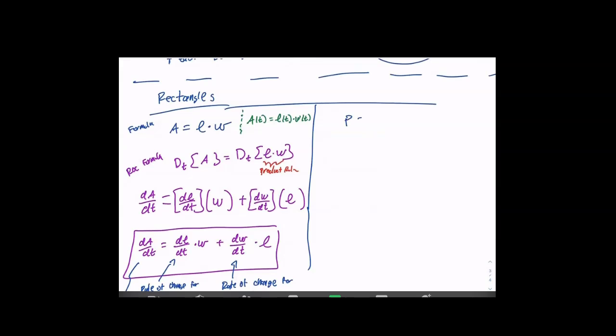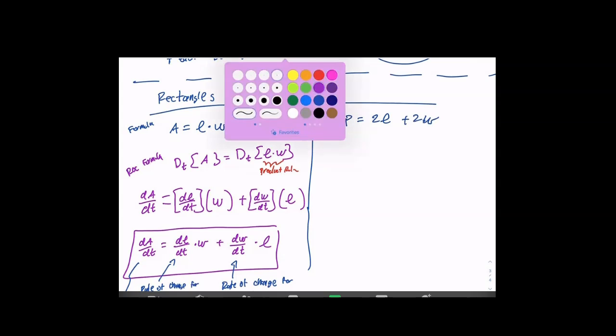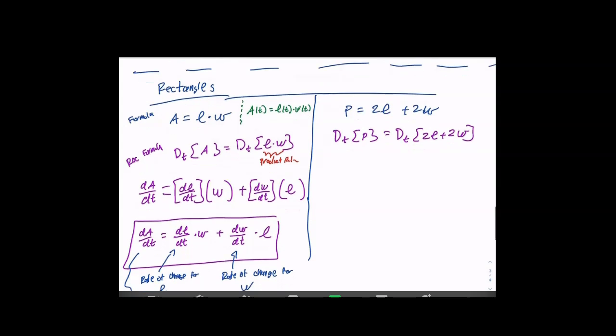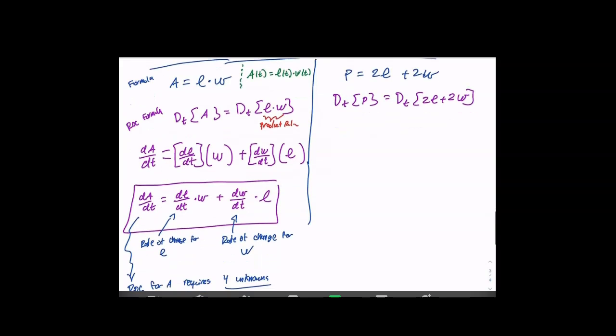When I said perimeter, perimeter was 2 times L, which is a constant, times L, plus 2 times W. We're going to differentiate the left-hand side with respect to t, and set that equal to the derivative with respect to t of the right-hand side. Most often we don't write this dt part of it. We go directly, typically, to the derivative.